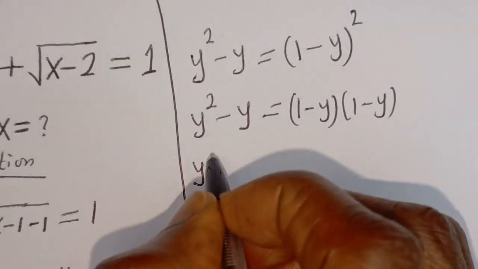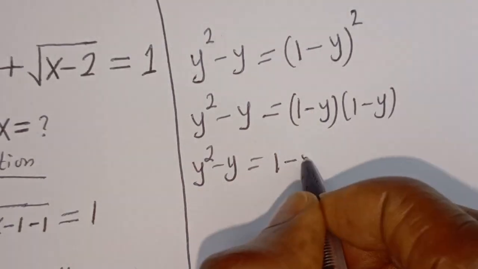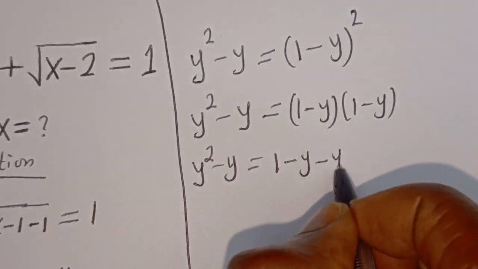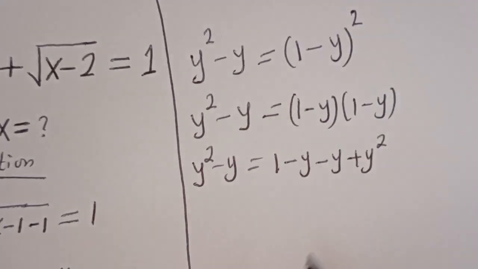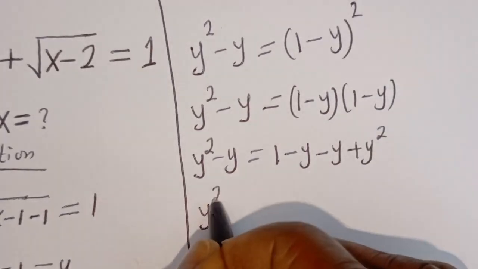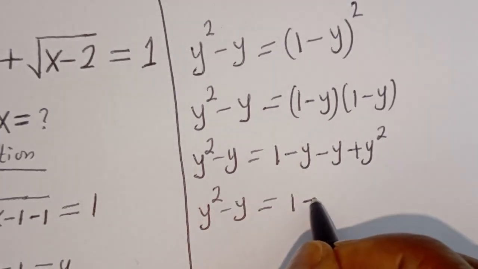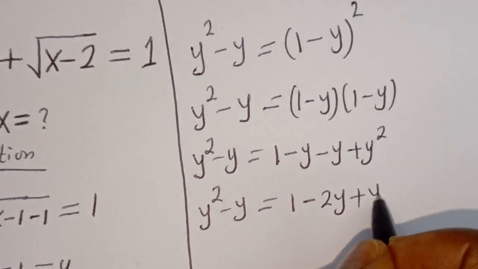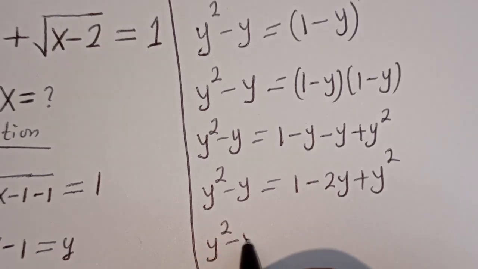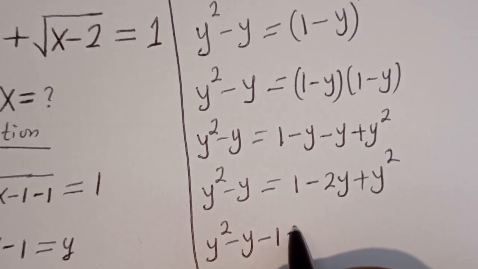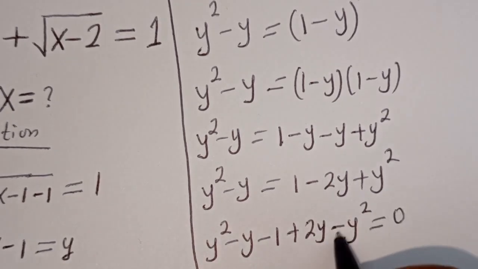Then here we have y squared minus y equal to 1 times 1, 1. 1 times minus y, this is minus y, times 1, that is minus y, multiplied by minus y, that is plus y squared. So we have y squared minus y equal to 1 minus y minus y, that is minus 2y plus y squared. Then this is y squared minus y minus 1 plus 2y minus y squared equal to 0. This we cancel this.